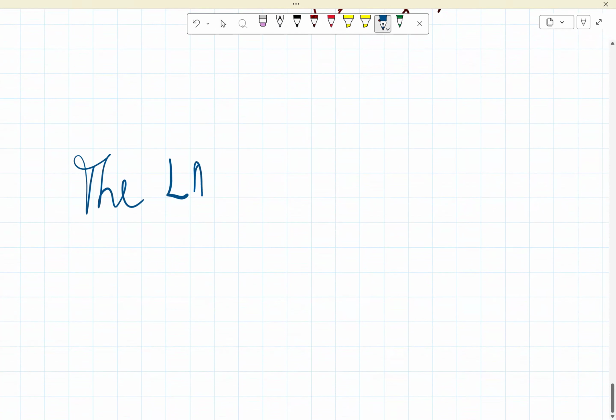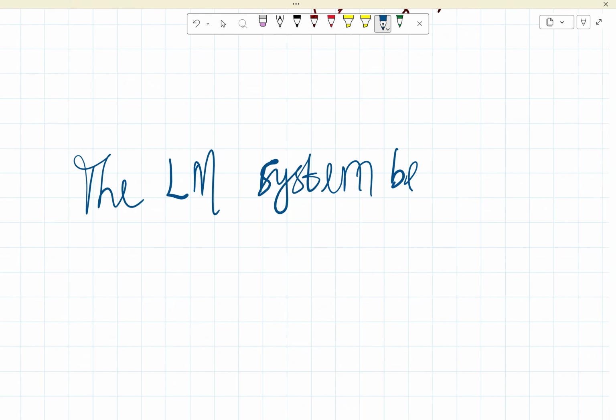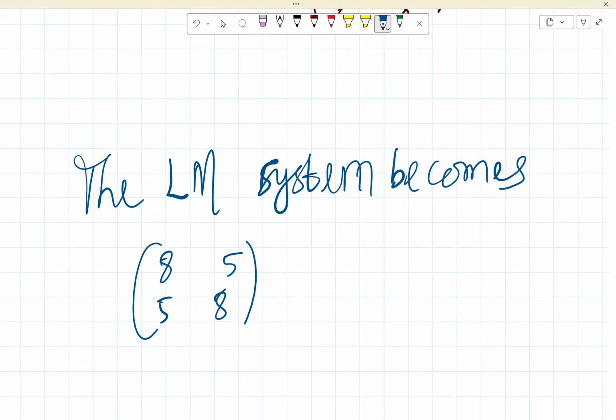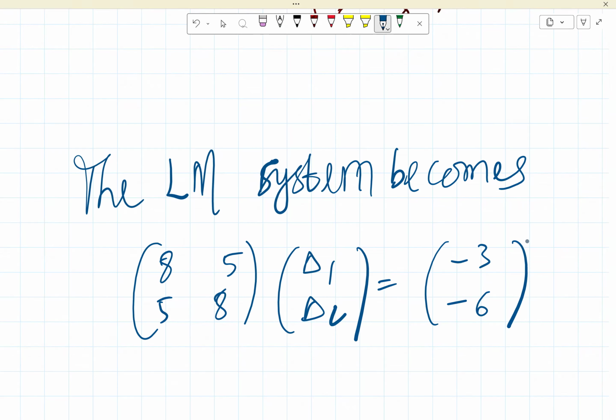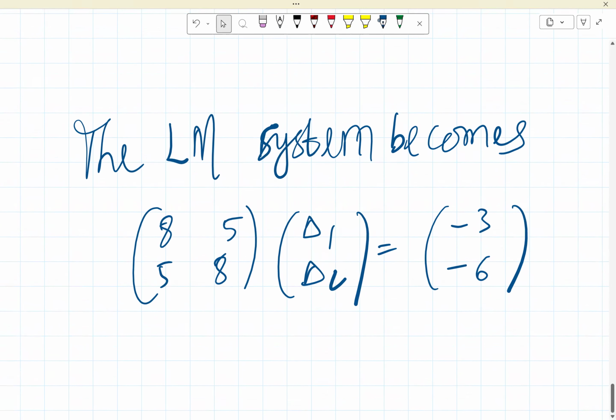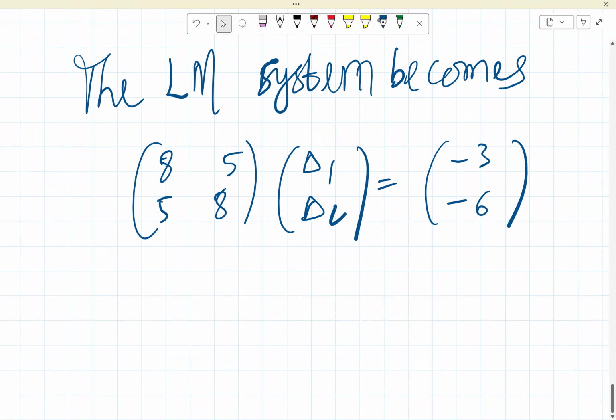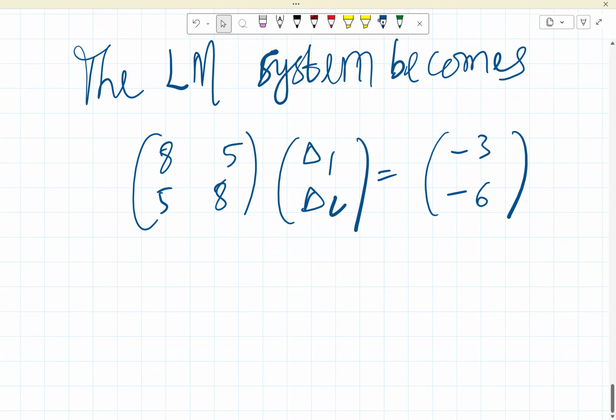So the Levenberg-Marquardt system becomes 8, 5, 5, 8 times delta 1, delta 2 equals minus 3, minus 6. Now we can solve this.